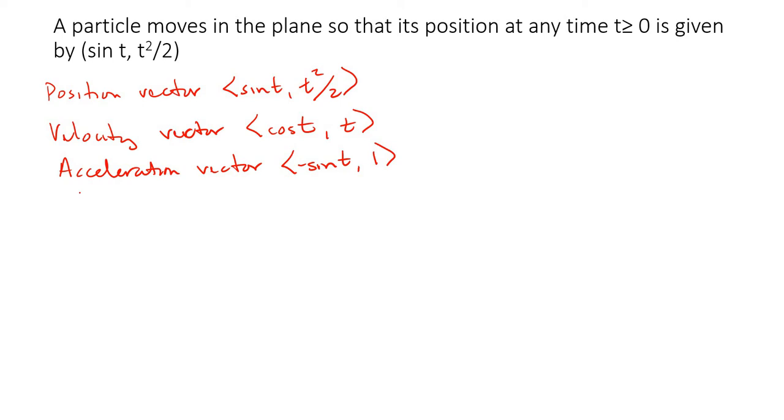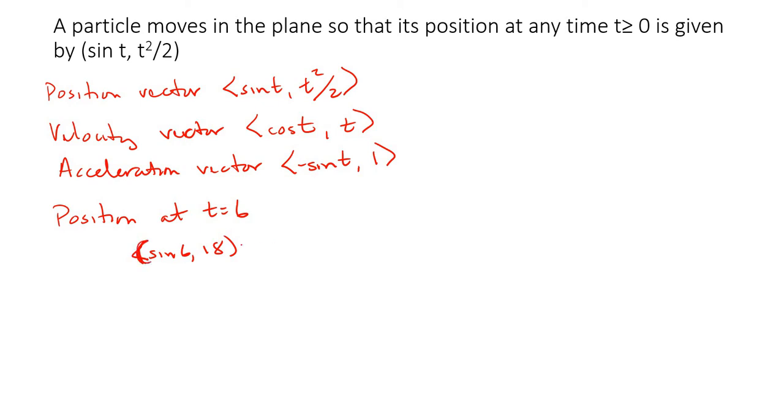And our position, let's find the position at t equals 6. So the position will be sine 6 comma 18, plugging t into that. And I should use parentheses.